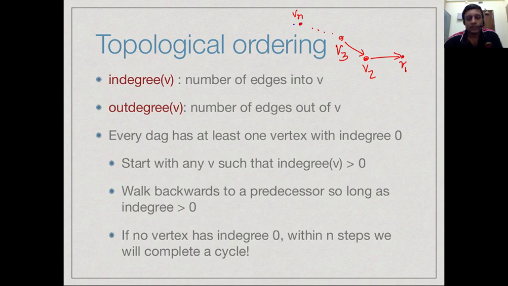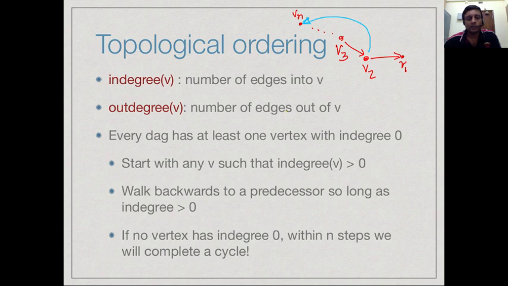Now if there are n vertices, and the nth vertex still doesn't have in degree 0, then it must have an incoming edge, but that cannot be from a new vertex, so it must point from one of the existing vertices which I've already seen before. Right? So if I have a continuous sequence of vertices, all of which are pointing into the previous one with in degree not equal to 0, then I will end up with a cycle.